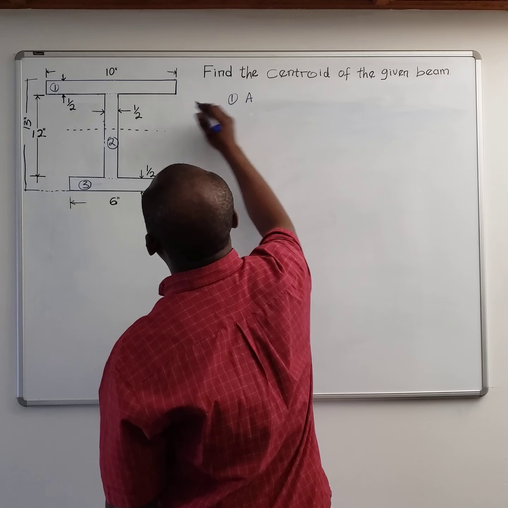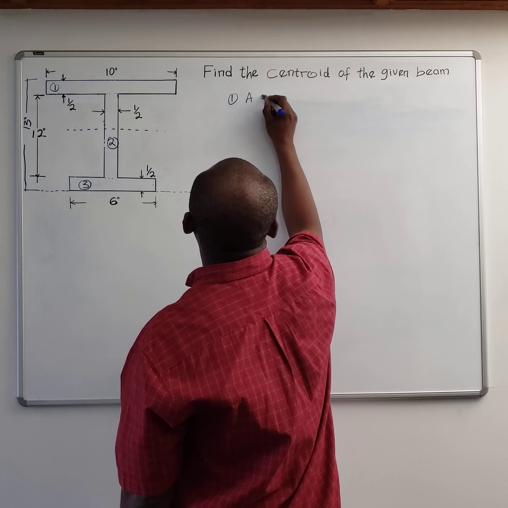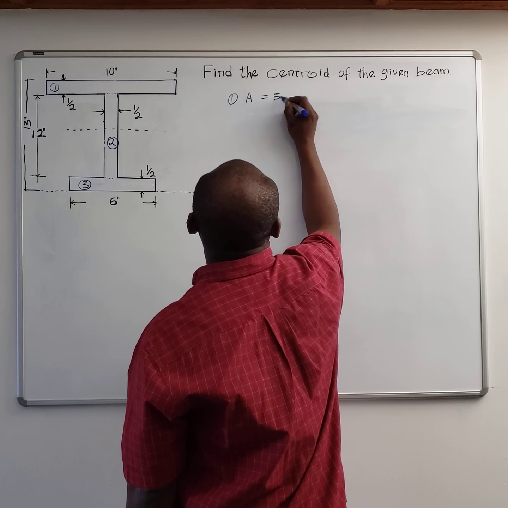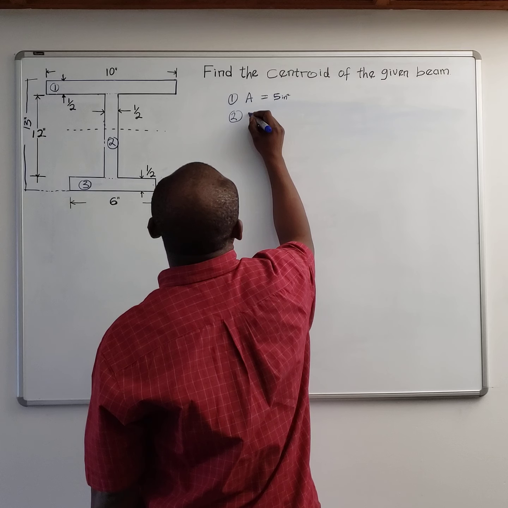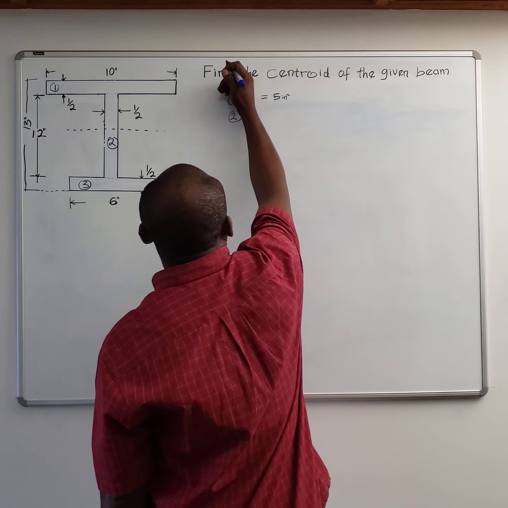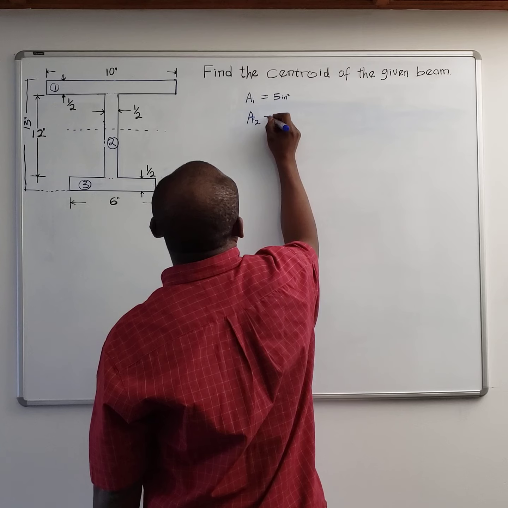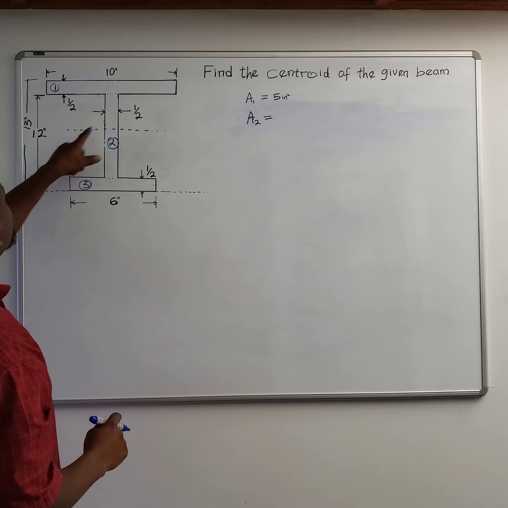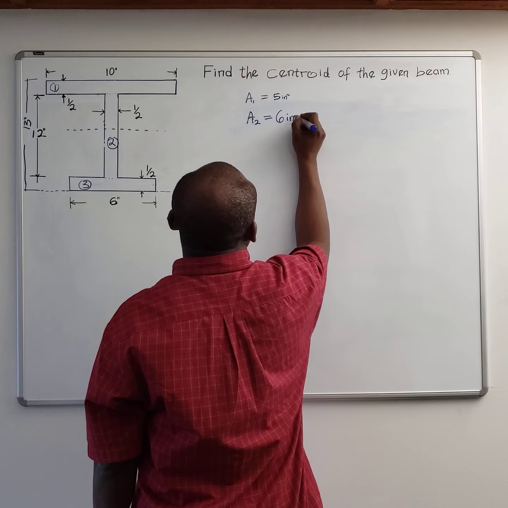The area of that first rectangle is 10 multiplied by half, so that would be 5 square inch. Area 2, that's 12, this shape here, multiplied by half inch, that will be 6 square inch.